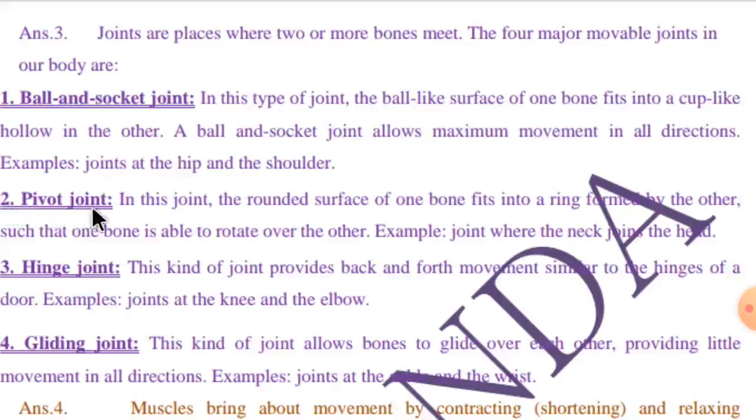Second is pivot joint. In this joint, the rounded surface of one bone fits into a ring formed by the other, such that one bone is able to rotate over the other. Example: the joint between the neck and head.